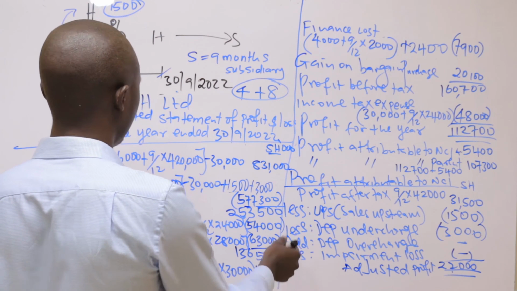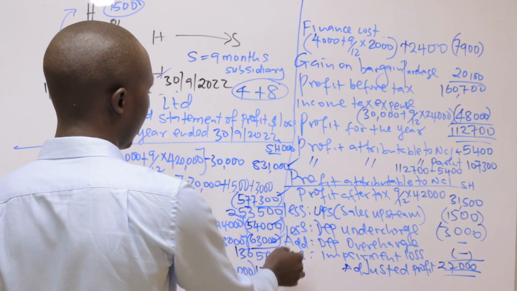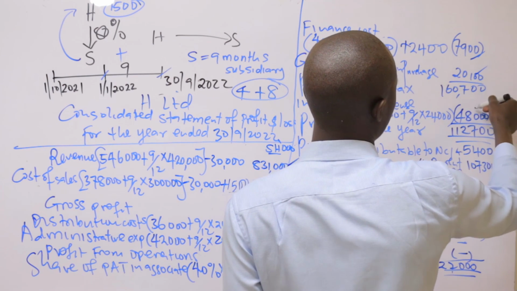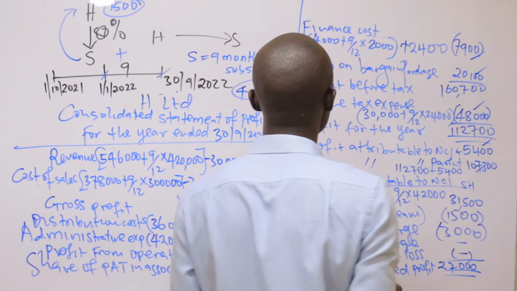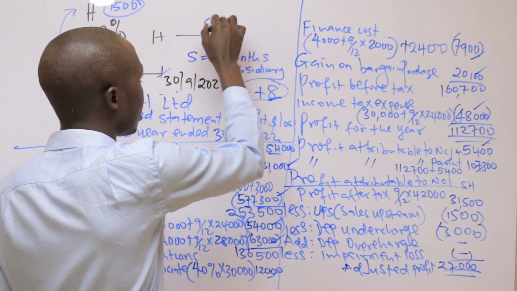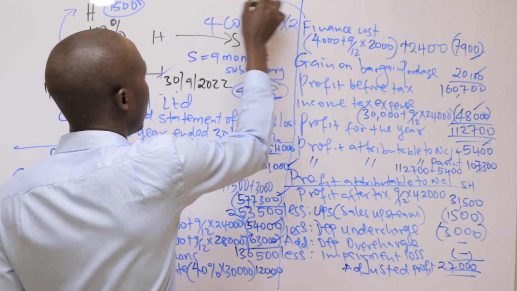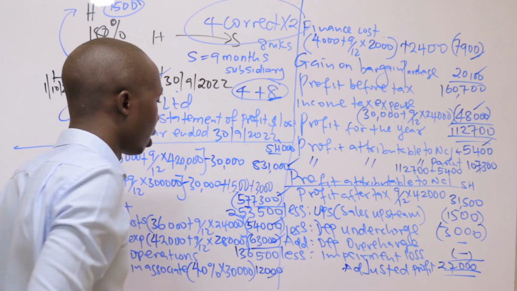Like now, here, how many entries are there? 1, 2, 3, 4, 5, 6, 7, 8, 9, 10. So they never needed even 8 to get 8 marks. They only needed 4 correct entries. They multiply by 2. You get your 8 marks. That is why I'm saying there are some which are direct.